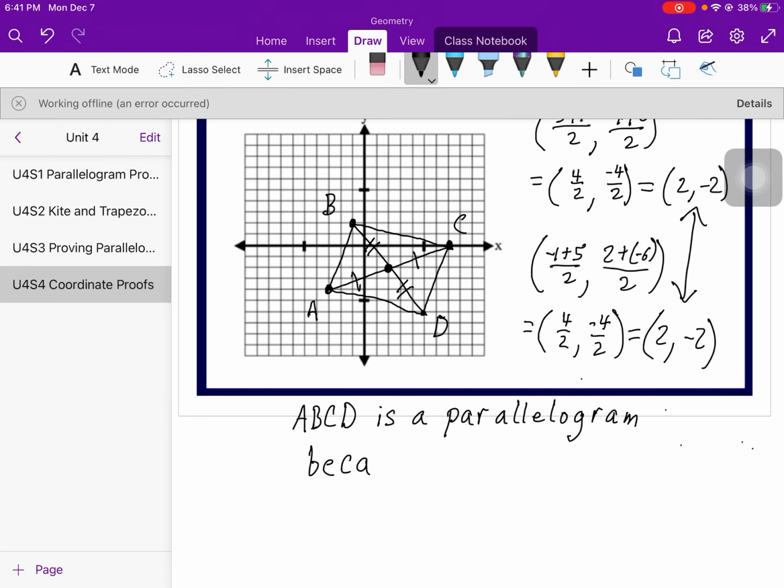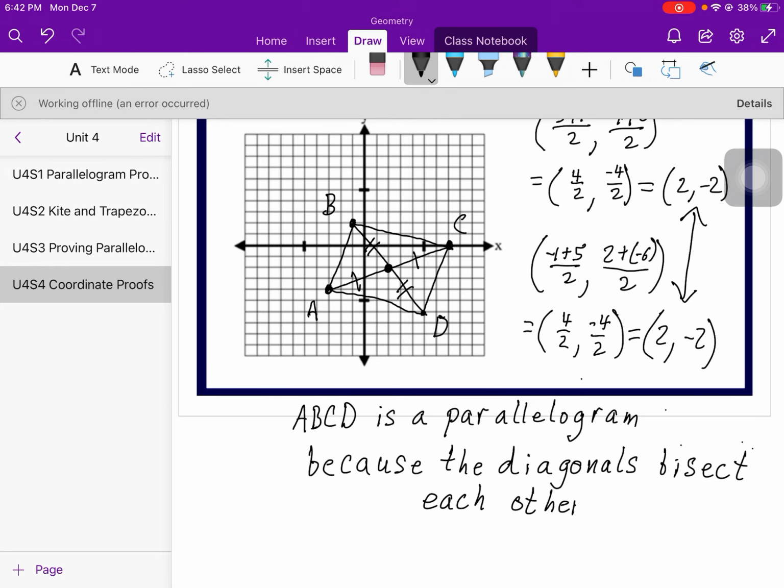Because the diagonals bisect each other.